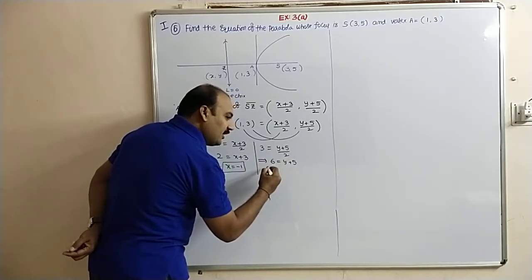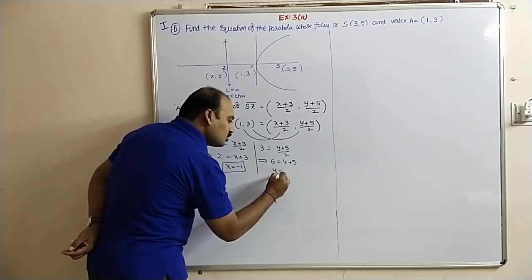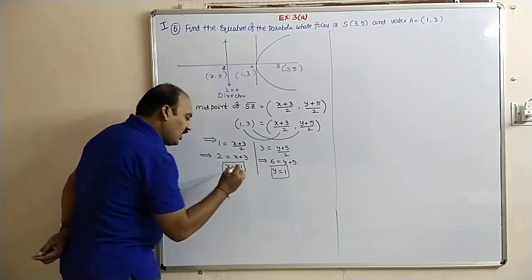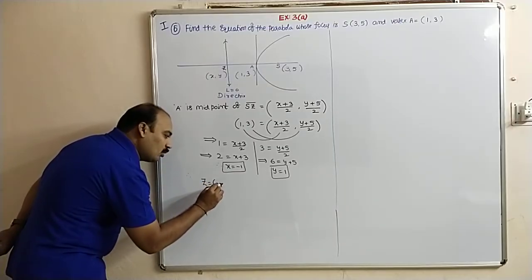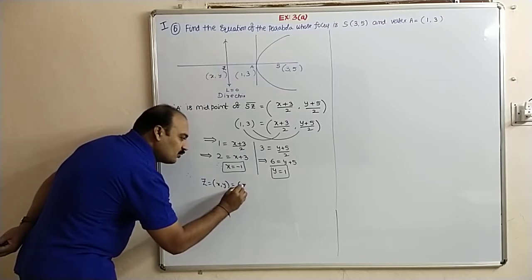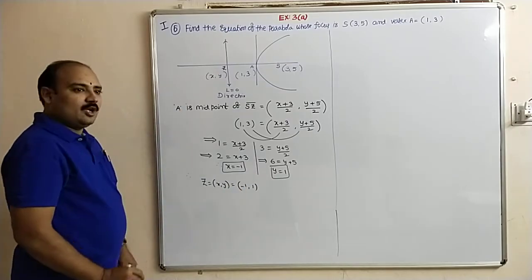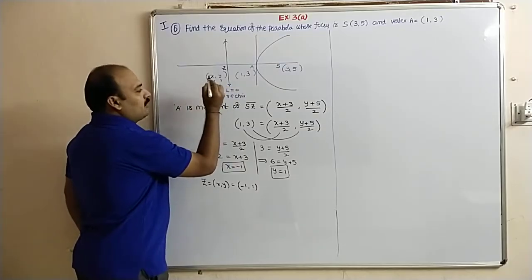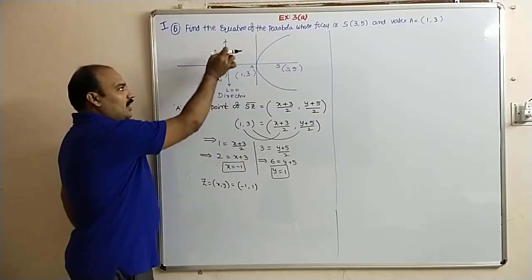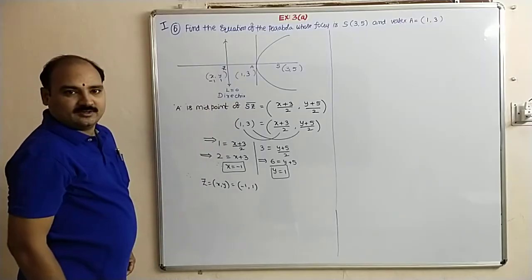We can take 5 to this side, and 6 minus 5 is 1, so the y value is equal to 1. Therefore the coordinates of Z, x, y, equal minus 1, 1. After getting the value of the Z coordinates, minus 1, 1, I am going to calculate the equation of the directrix.